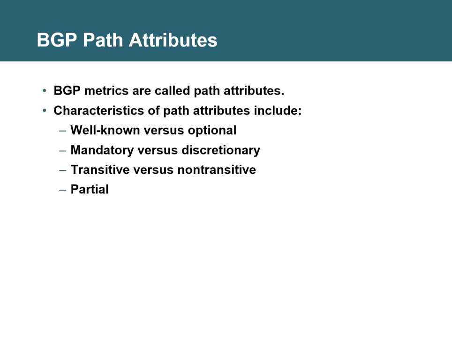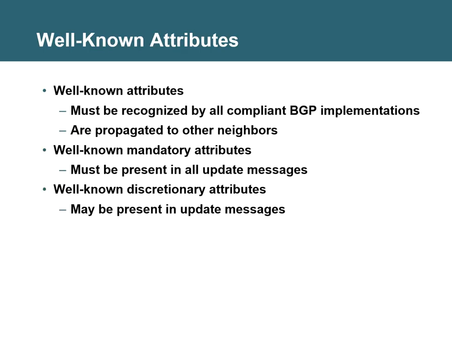Fine. Now let us get into these BGP path attributes. Try understanding first what is well-known mandatory, well-known discretionary, optional transitive, optional non-transitive. You see, well-known attributes are those attributes that must be recognized in all BGP running devices.